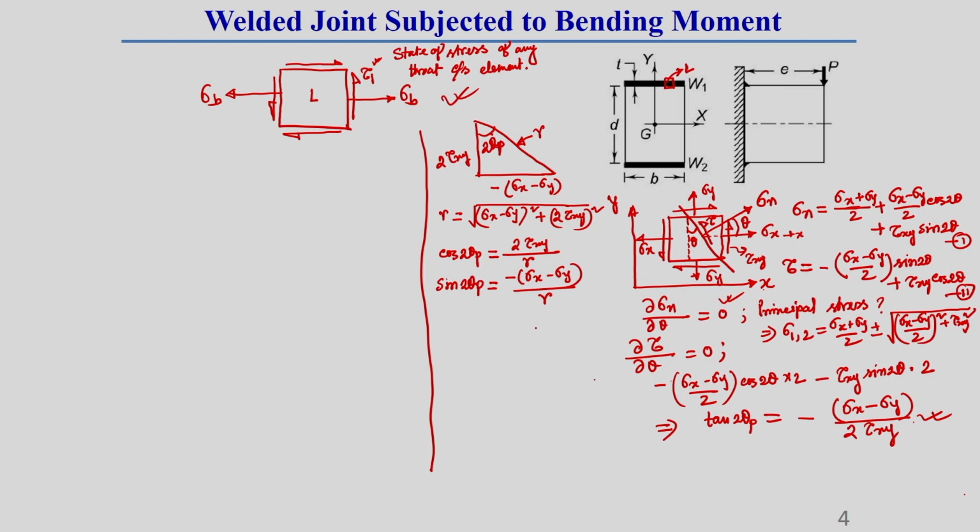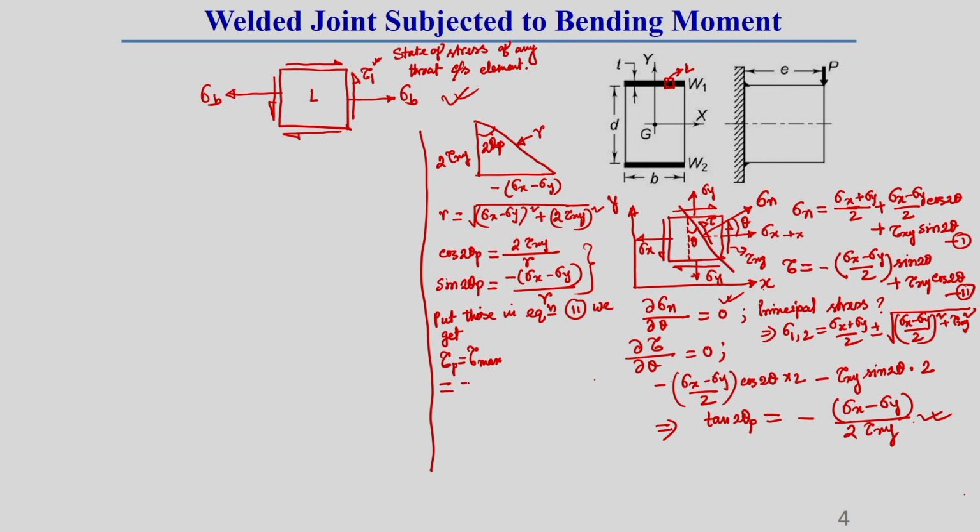Now, if we use this cos 2 theta and sin 2 theta in equation number 2, we get tau p, or you can say tau maximum, equal to how much?